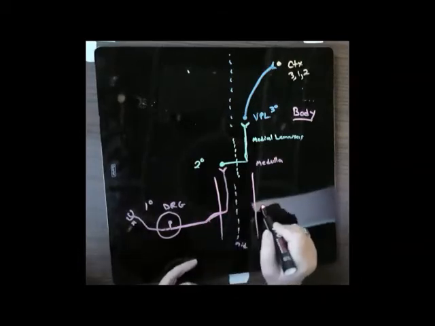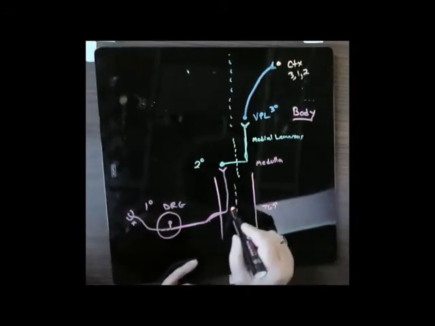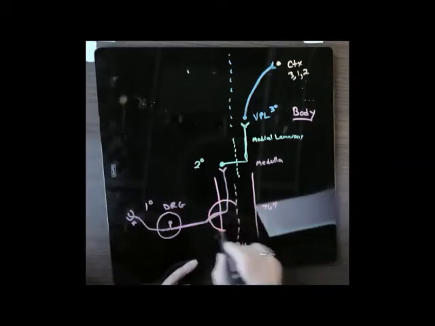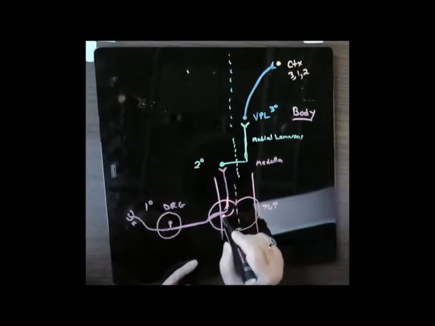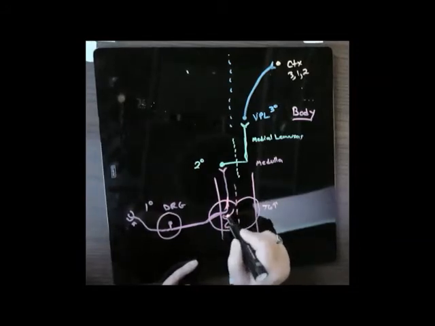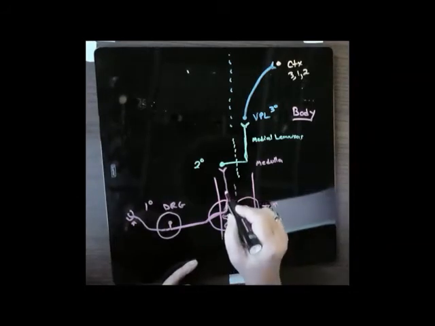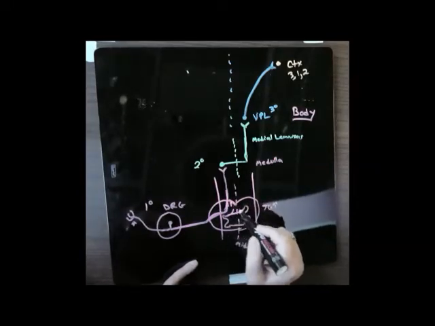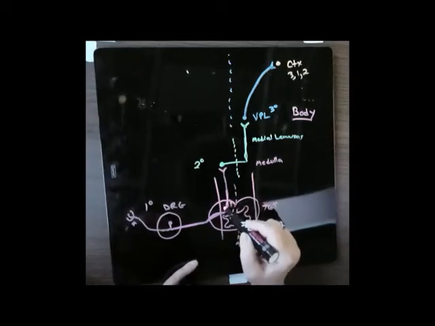From T6 and above, these axons are entering and they're going to travel in the dorsal part of the spinal cord, the dorsal white matter. Here's the gray matter, a little butterfly. At T6 and above, you have a little sulcus called the posterior intermediate sulcus, such that the lower body is medial and the upper body is more lateral.